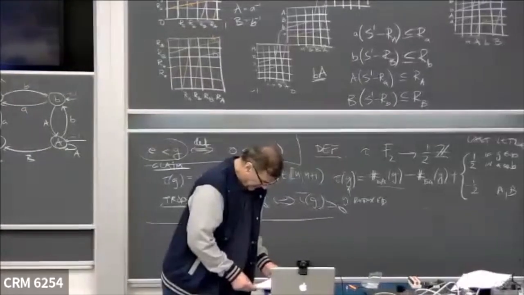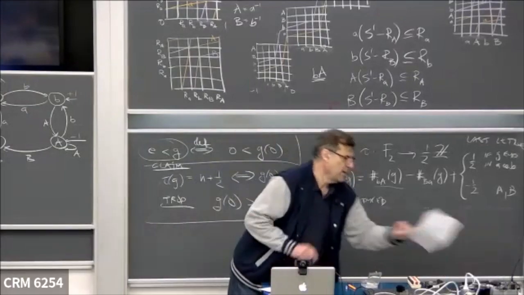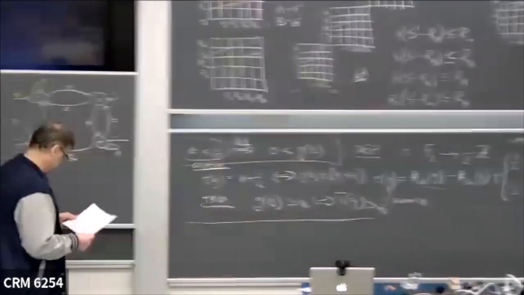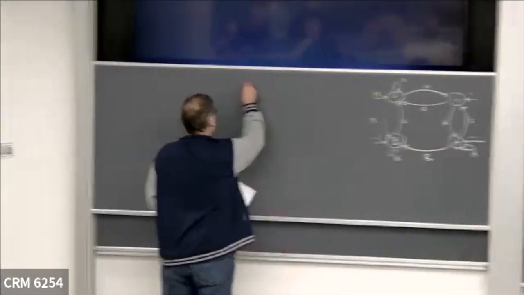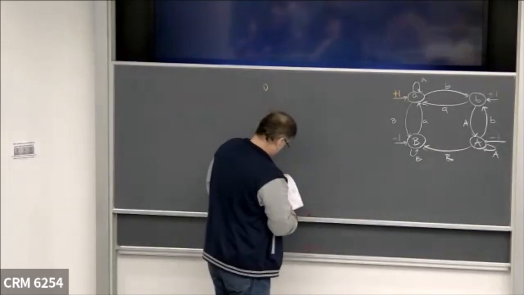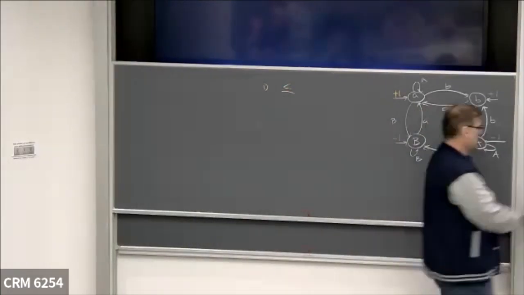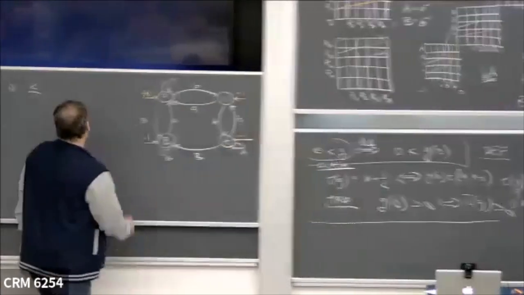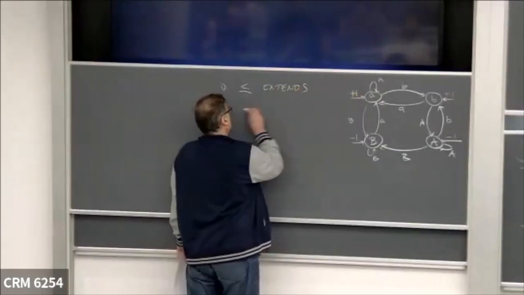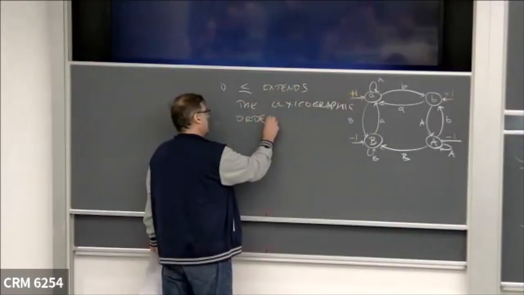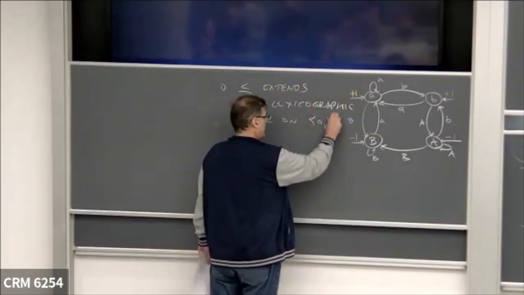Now, I'll say a couple more words about this order, and pretty much almost all of them are obvious. So let's see. One thing that I can say is that the order that we defined extends the lexicographic order on the positive words, so on {a, b}star.